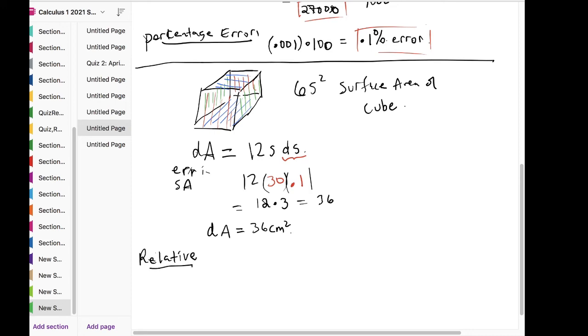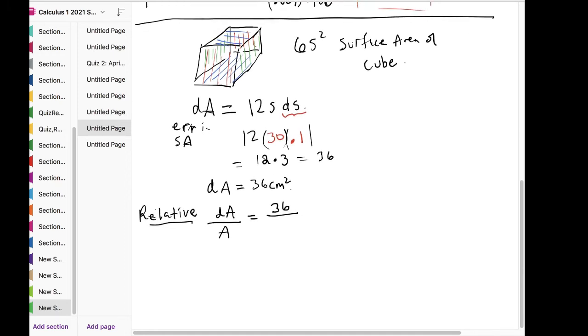You do dA over A. Good. So our dA is 36. And how do you find A? Yeah, you plug it into 6s squared. Don't plug it into the derivative. That's very important. So plug it into A.